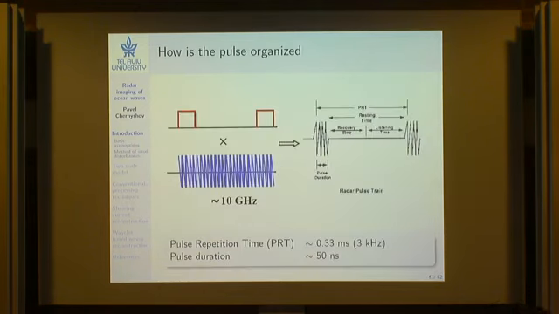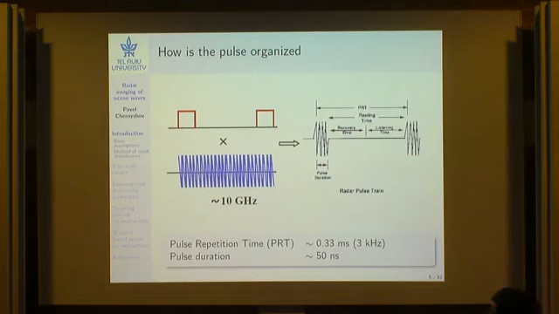So typically the radar works in pulse mode to save energy and to make it possible to operate in range resolution cells. The pulse duration is typically 50 nanoseconds, so it's a pretty short pulse.